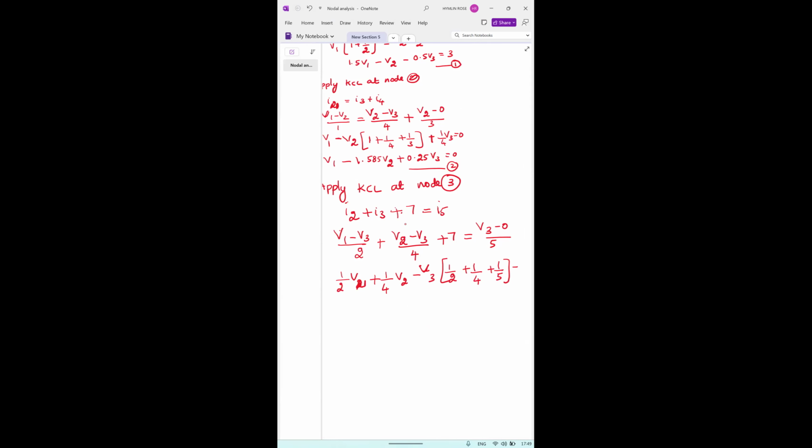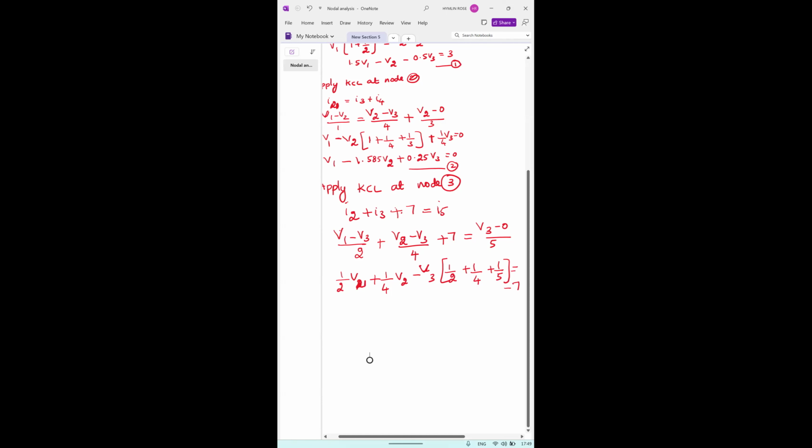If you are bringing this V3 towards this side, it becomes 1/2 plus 1/4 plus 1/5.